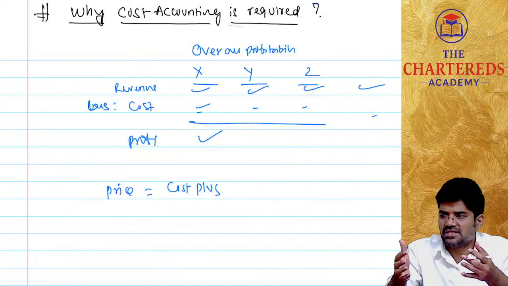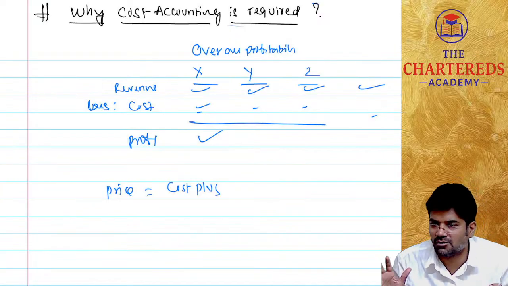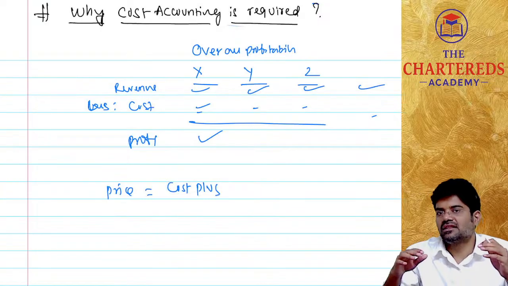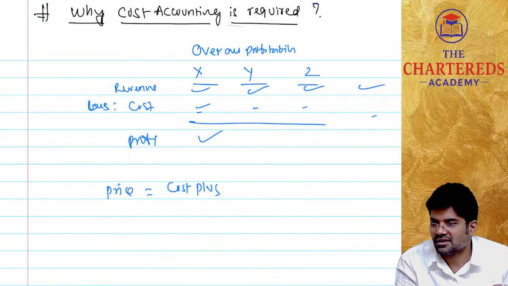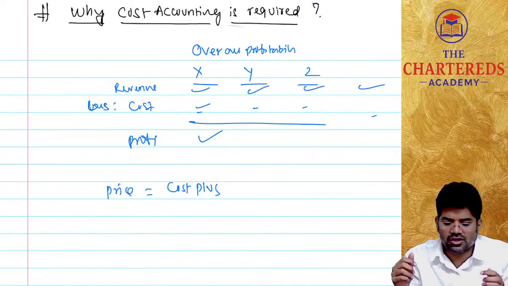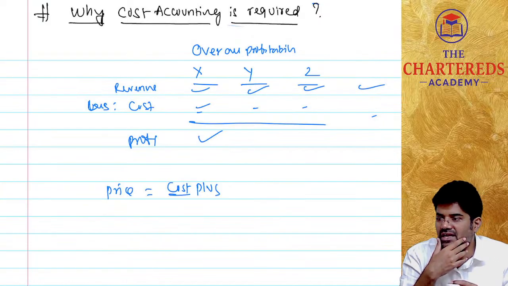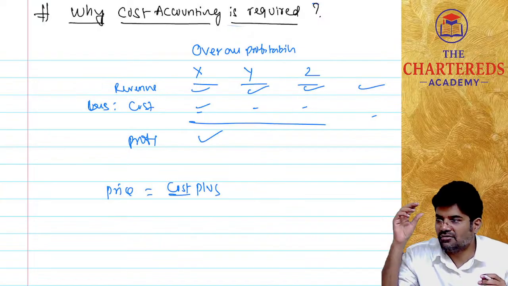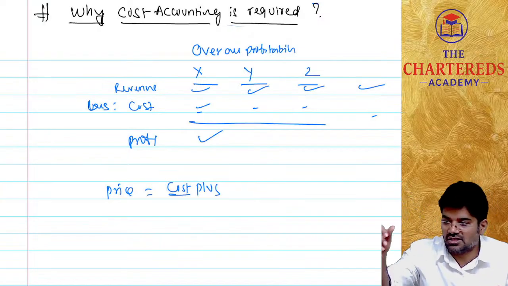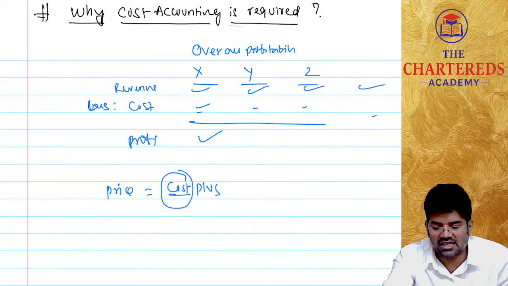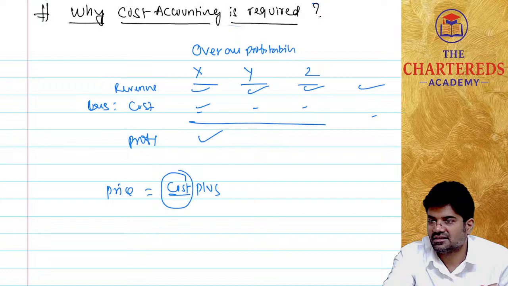So these people simply need to accept that price only. There is no other way for them. Why? Because they are not aware of how they calculated cost. So that is the reason people felt that they need to have an audit of the cost, how much they are incurring. That is where costing has now originated.